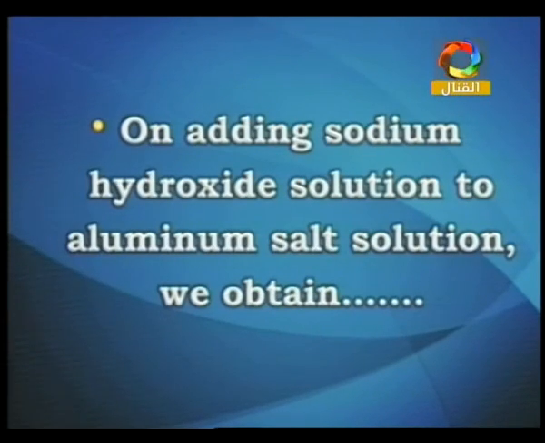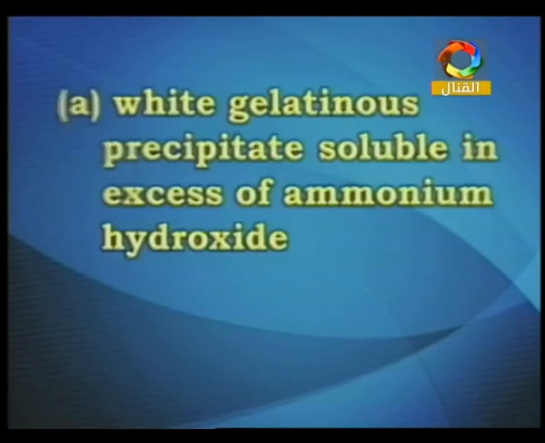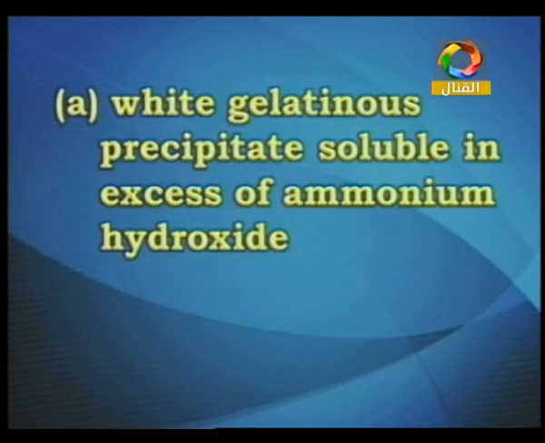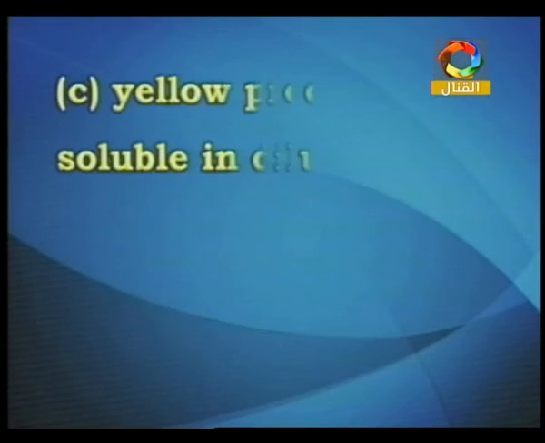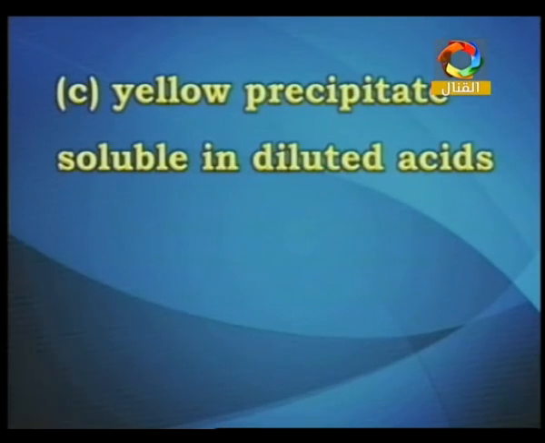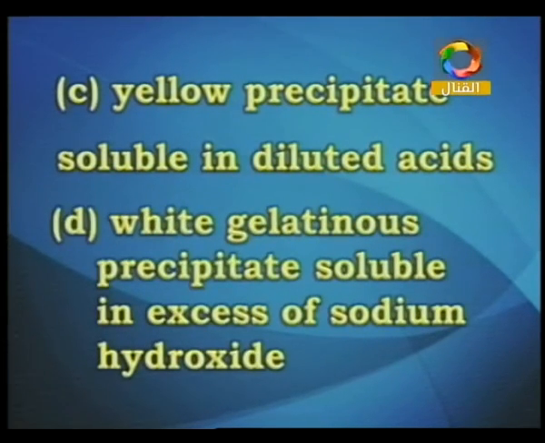Next point, on adding sodium hydroxide solution to aluminum salt solution, we obtain: white gelatinous precipitate soluble in excess of ammonium hydroxide, white color, yellow precipitate soluble in dilute acid, white gelatinous precipitate soluble in excess of sodium hydroxide.